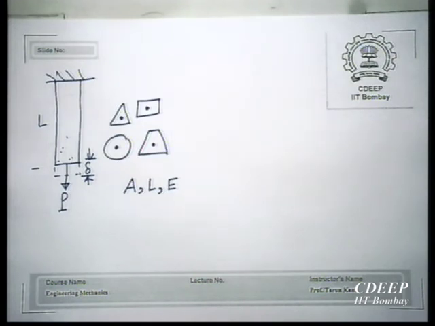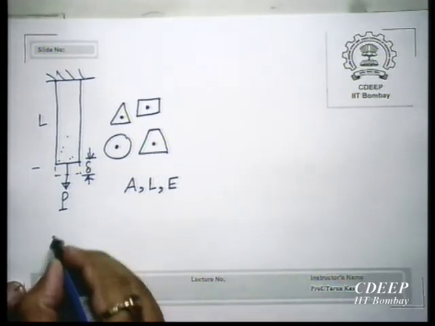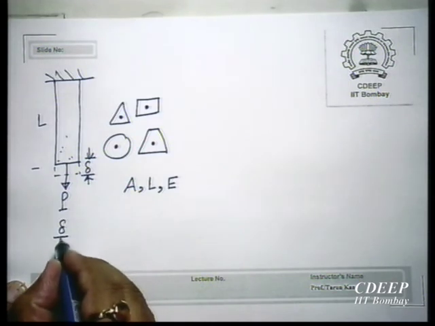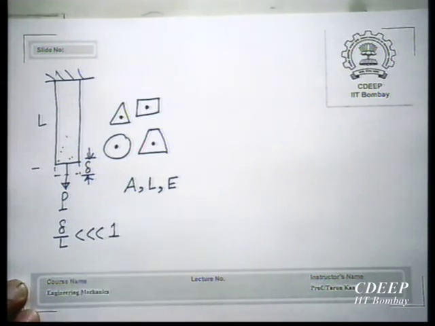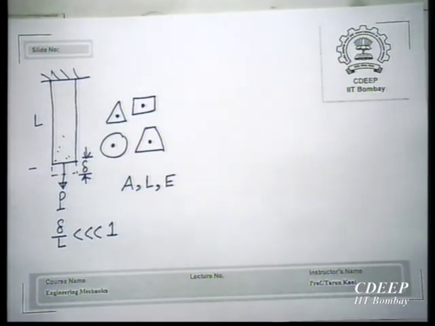The third thing that will come is, yes, that we are doing this. See, if the length of the member is L, the delta normally will be very small compared to the length. That means this ratio will be really small. Okay. The change in length, that means the displacement that the load produces.